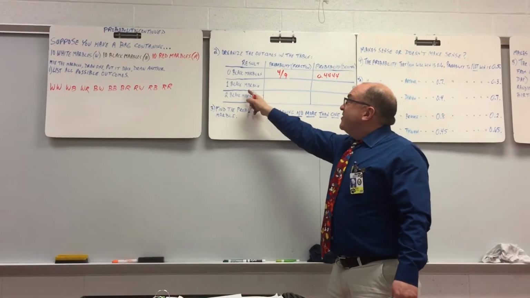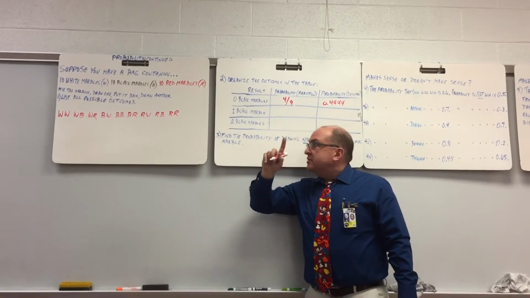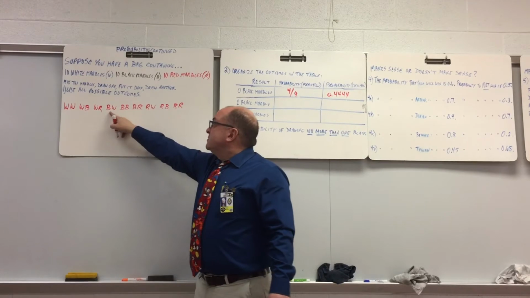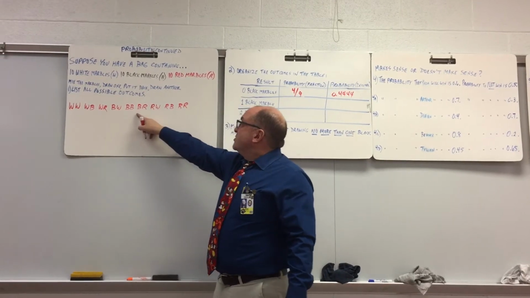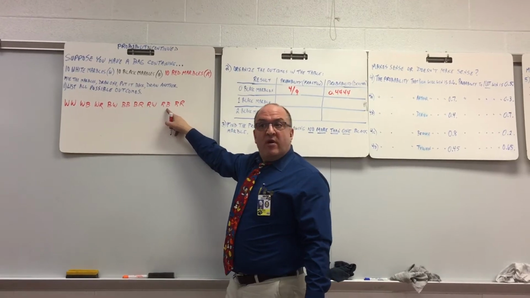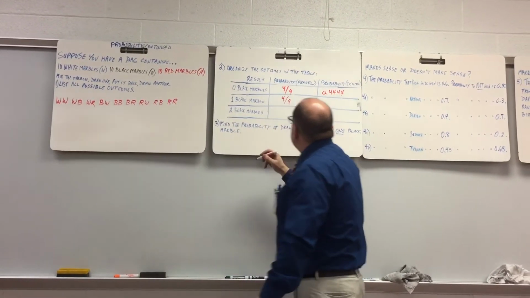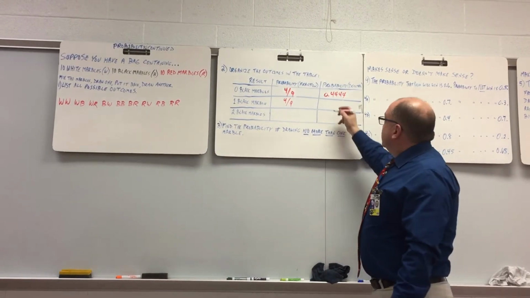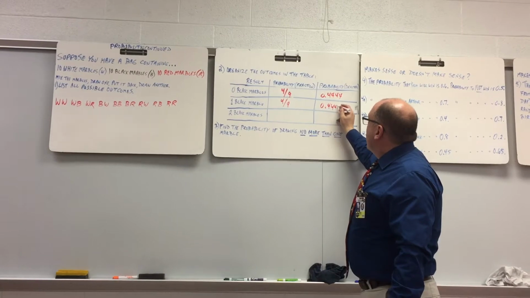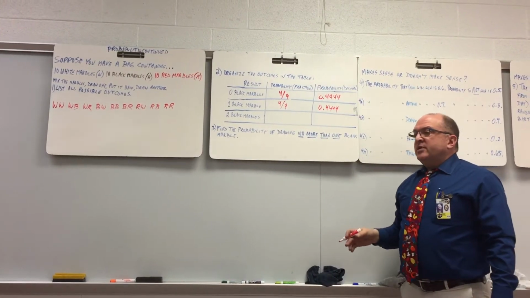What's the probability of exactly 1 black marble? Exactly 1. Okay. 1, 2, 3, 4. Right? 4 out of 9. Or if you do, once again, 4 divided by 9, you get 0.4444.